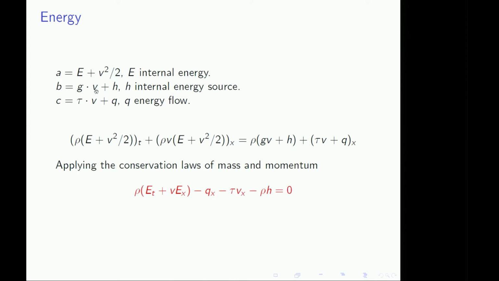We have the energy source that is due to basically movement in the gravitation field. So this is where you gain potential energy or you lose potential energy by moving in the gravitation field. And then you have an internal energy source.